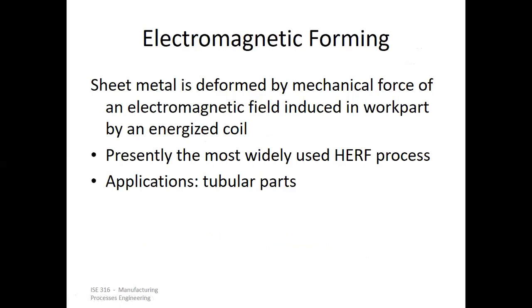As for electromagnetic forming, we form using the mechanical force of the electromagnetic field induced in the work part by an energized coil. You're using a coil which is energized. So how do we induce that electromagnetic field so that we can make use of it? This is the most widely used HERF process. Applications include tubular parts.